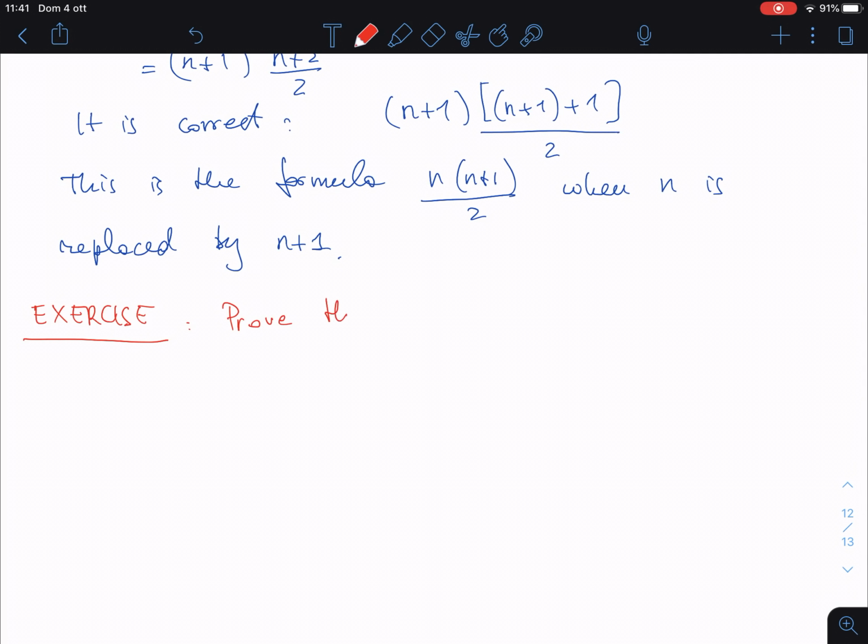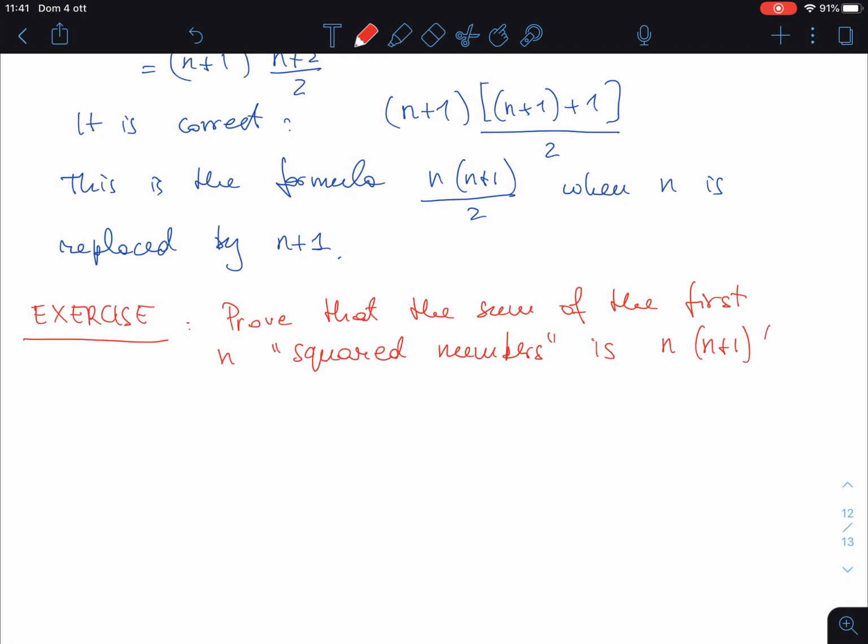Prove that the sum of the first n squared numbers is n times n plus 1 times 2n plus 1 divided by 6.